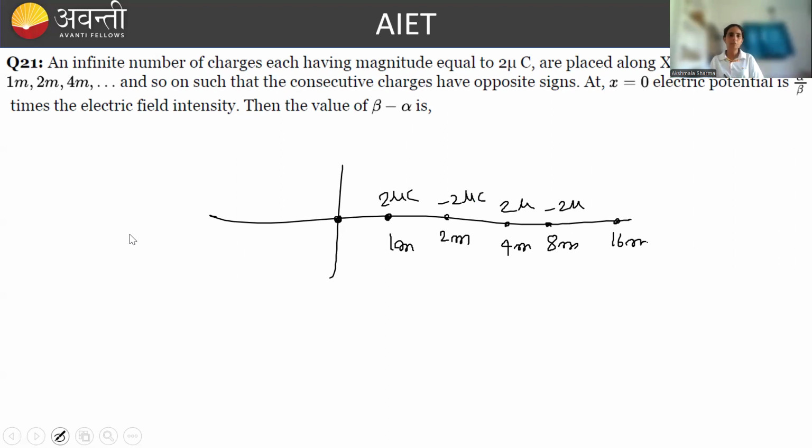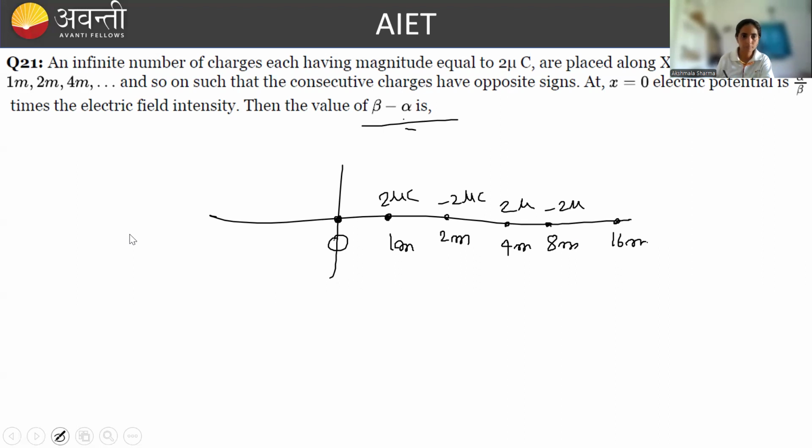Now, electric potential is alpha by beta times the electric field intensity at O, at the origin. Then we have to calculate beta minus alpha. So we need to calculate electric potential at O and electric field at O. If you talk about potential, you know that potential because of a positive charge is taken as positive and potential because of a negative charge is taken as negative.